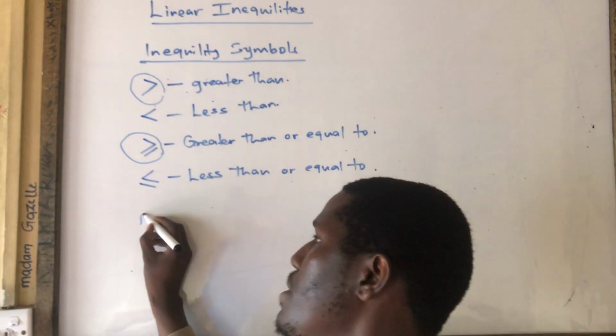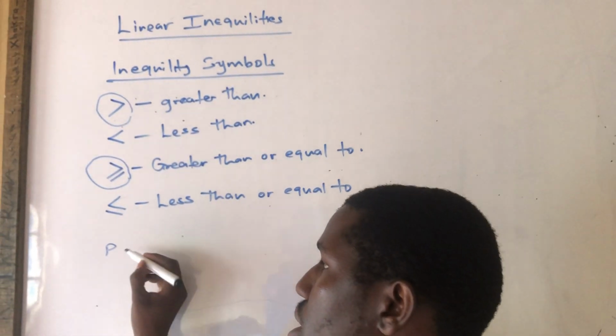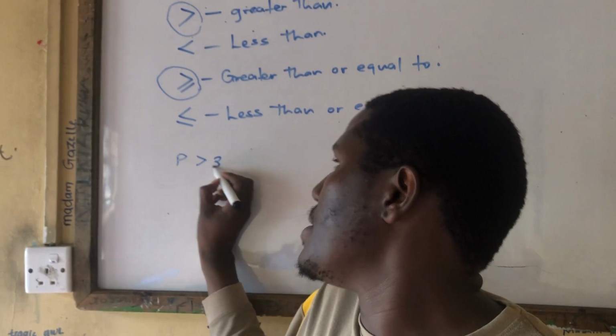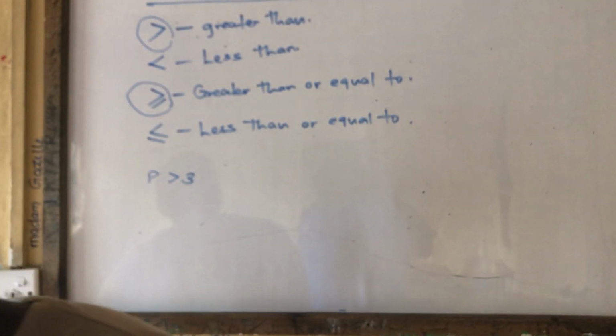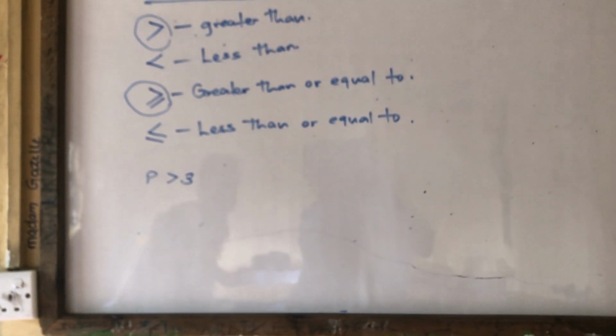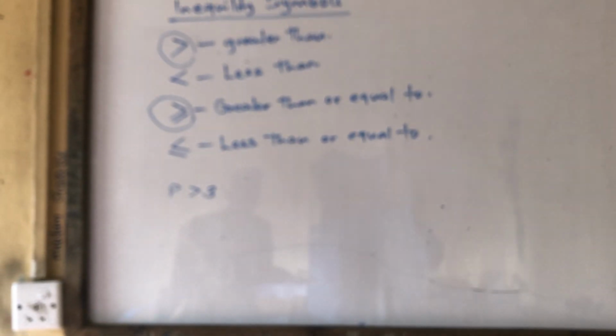When we say that P is greater than 3, what does it really mean?